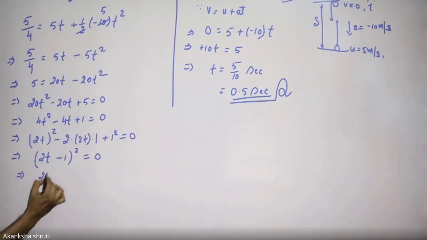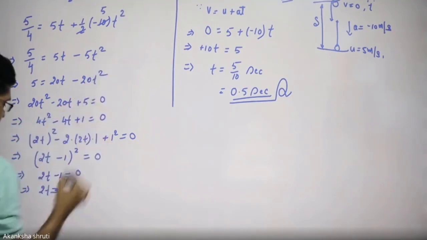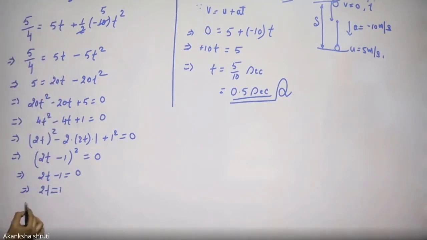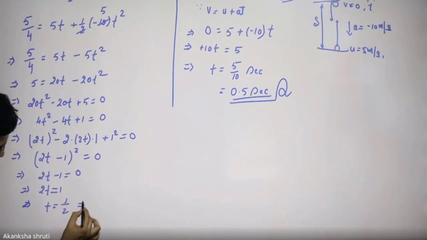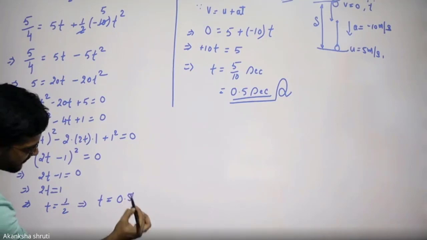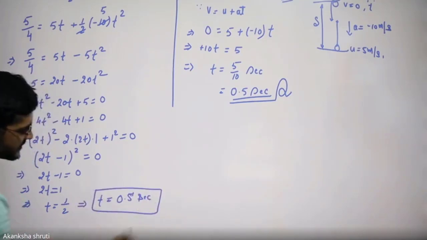This implies 2t minus 1 is 0. Bring it on the right hand side: 2t is equal to 1. So this implies that t is equal to 1 by 2, so t is equal to 0.5 second. So this is the required answer.